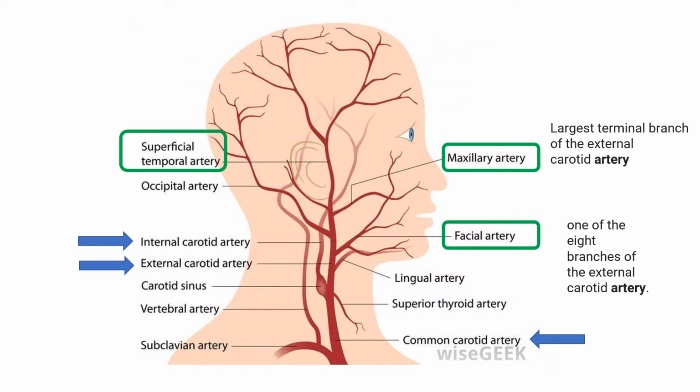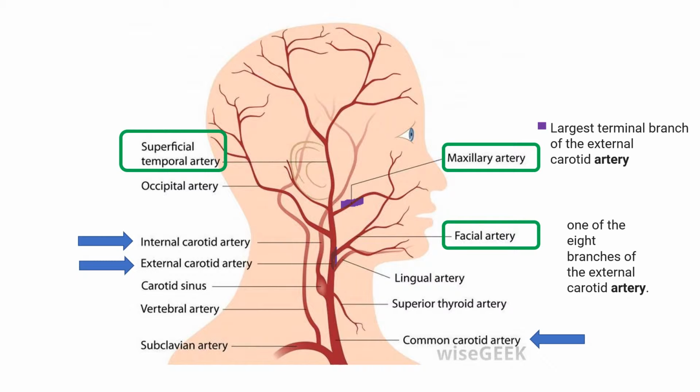All right, so we have the maxillary artery, the largest terminal branch of the external carotid artery. That's right here in this area. The facial artery is one of the 8 branches of the external carotid artery. So again, the carotid artery is going to split off into 8 different branches.